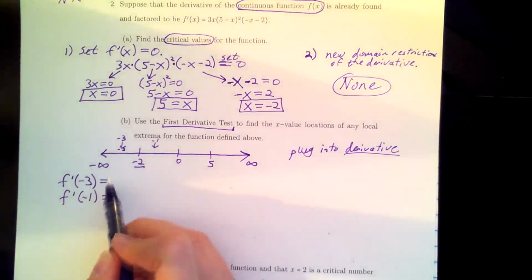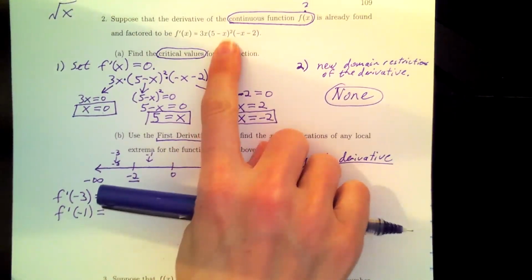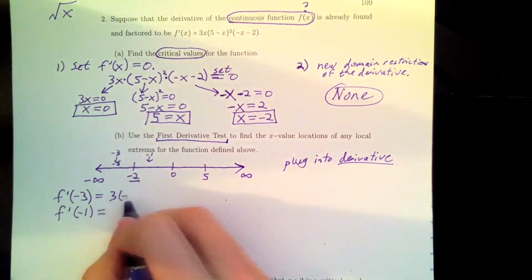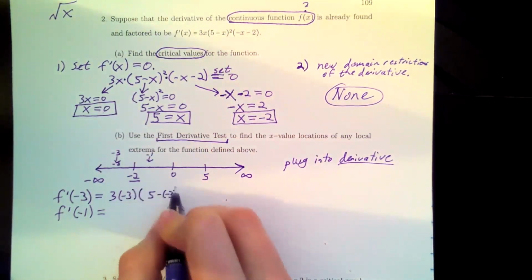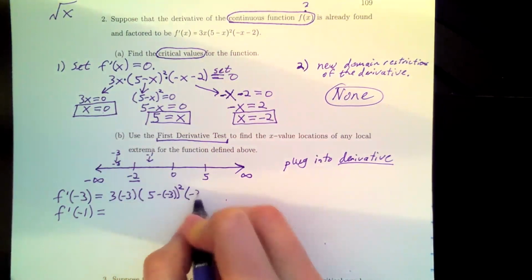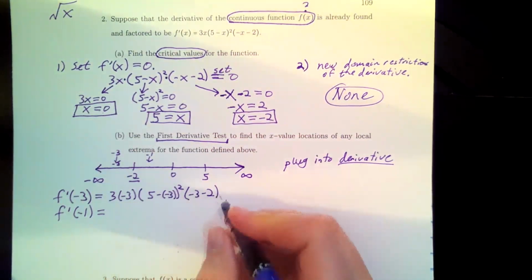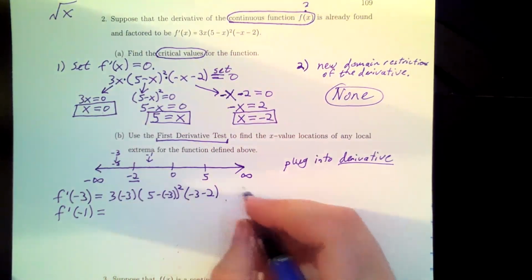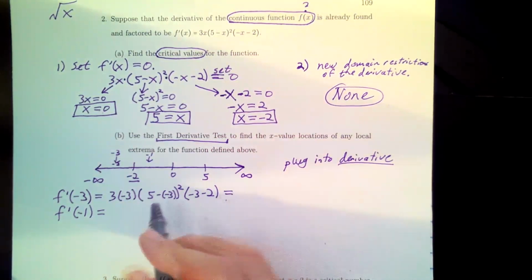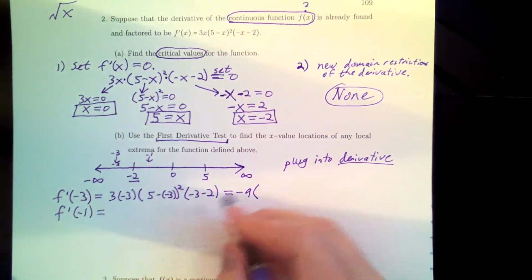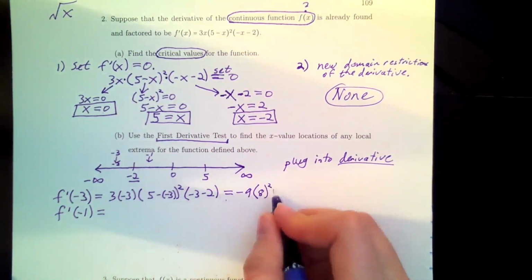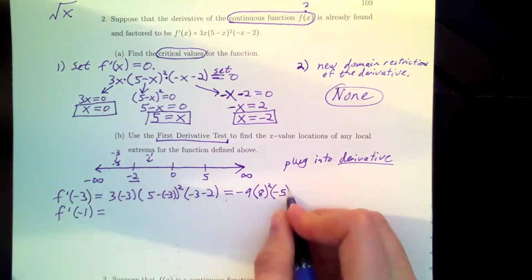When I plug in -3 into the derivative, all the way up there, we get 3 times -3, 5 minus -3 squared, -3 minus 2. Now, when you punch this out, you get -9 times 8 squared times -5.